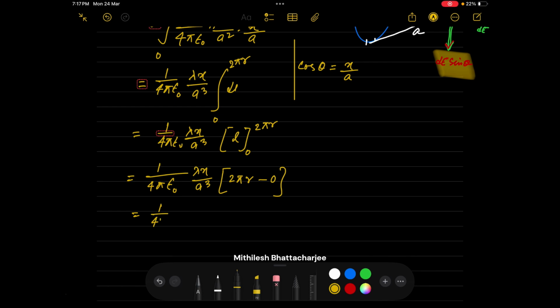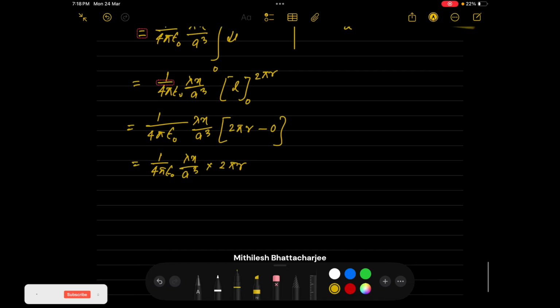So 1 by 4 pi epsilon naught lambda x by a cube into 2 pi r. Fine. So to cancel, pi is cancelled.